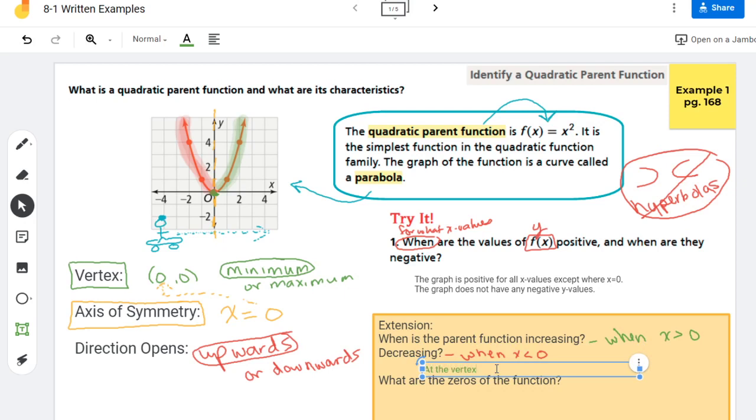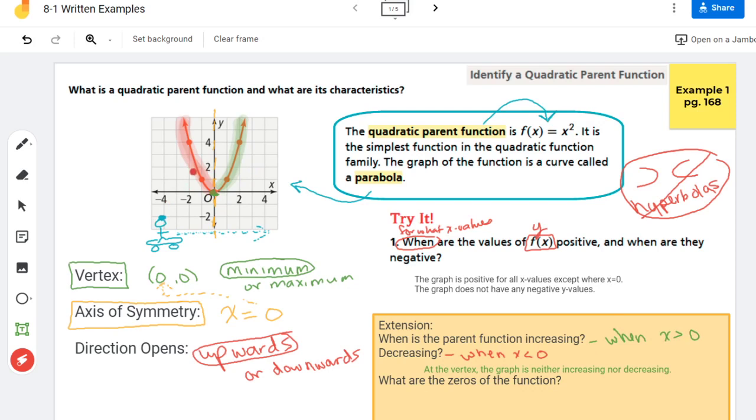At the vertex, the graph is neither increasing nor decreasing. And so here's why that's important: when you go to write these inequalities, do you see how they don't have the equal to bar? That would include 0, but 0 is not included in either of those. Okay.